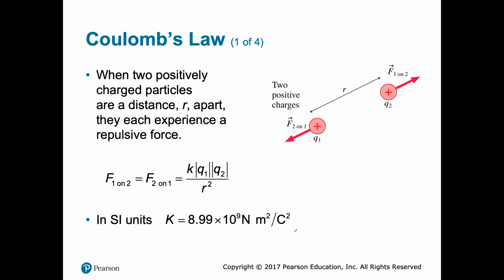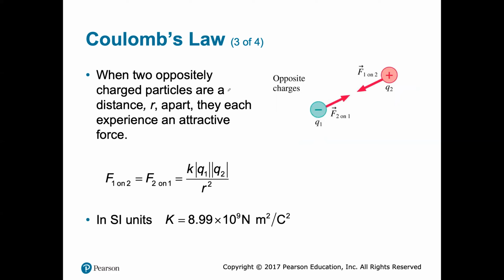So once you learn Coulomb's equation, you can always calculate the force between two charges. Similarly, if there are two negative charges, the equation is the same and the direction of the forces is still repulsive.